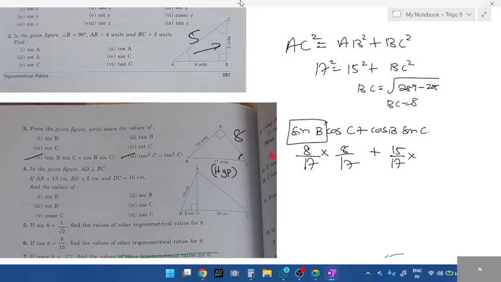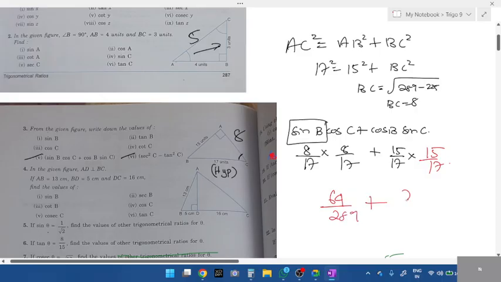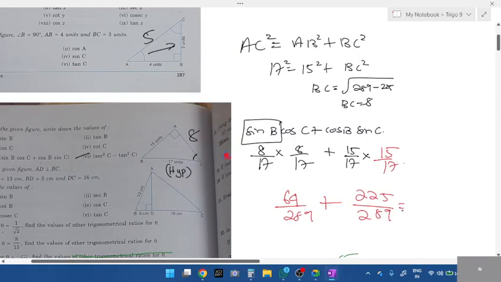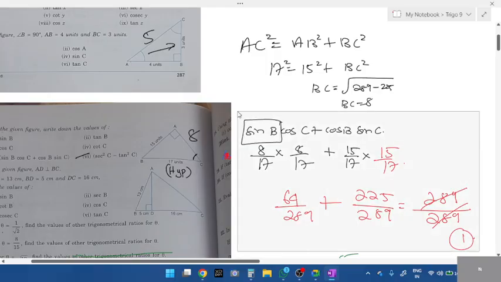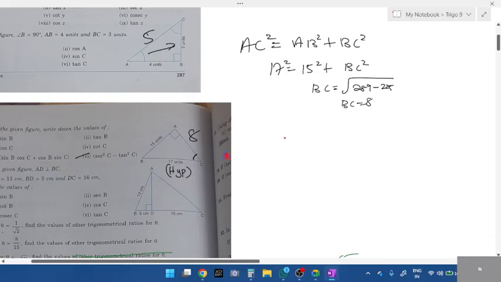Opposite, 15 by 17. 8 into 8 is 64, plus 225, divided by 289. What's the answer? Without the answer, how did you get 1? Your values were wrong. Correct. Now did you understand? Fine. Tell me the next one.